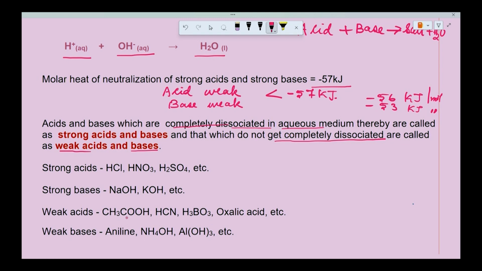Weak acids are usually acetic acid, hydrogen cyanide, boric acid, oxalic acid, etc., and weak bases are aniline, ammonium hydroxide, aluminum hydroxide, etc. They are all weak bases. So, these do not ionize completely, while these are completely ionized. These are only partially ionized.